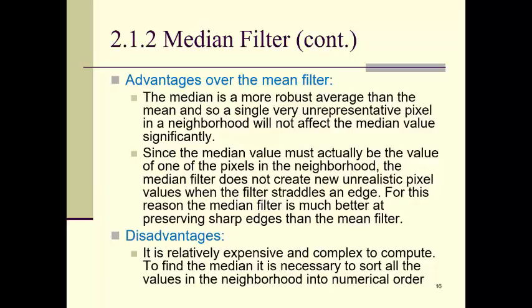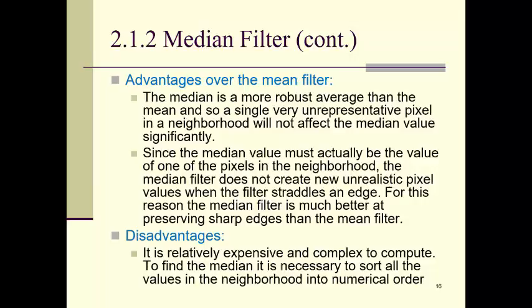It will not be considered and will not affect the image. And since the median value must actually be the value of one of the pixels in the neighborhood, it will not change the original image greatly. If I have, for example, an edge, the edge will remain there.